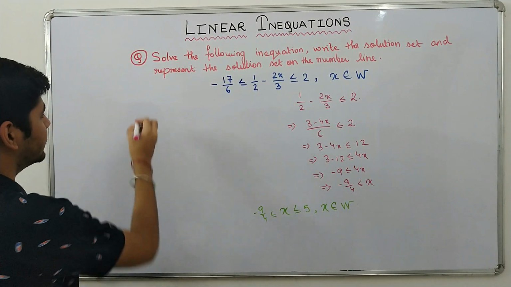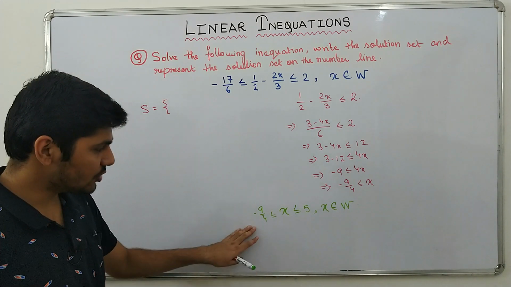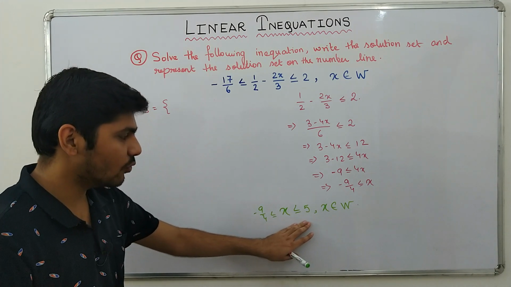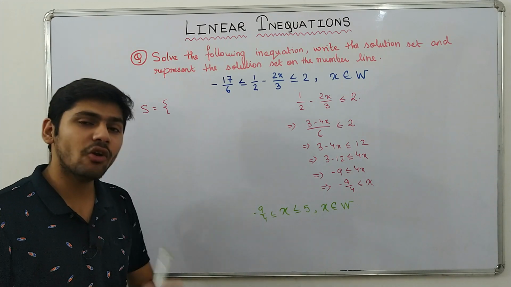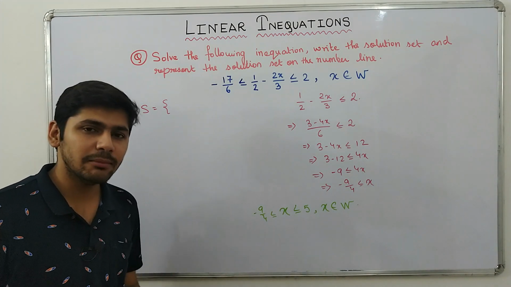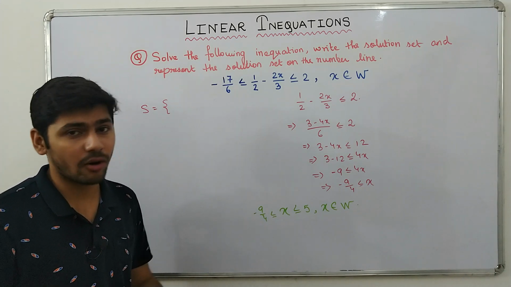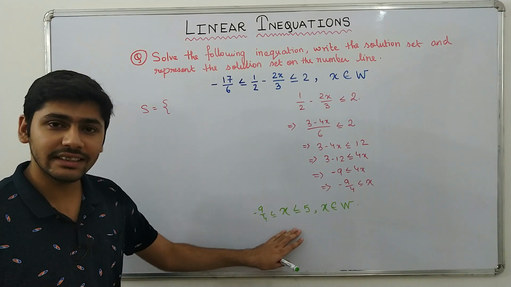So S is equal to, now over here in the solution we have minus 9 by 4 is less than equal to x less than equal to 5, and x belongs to whole numbers. So the value of x cannot be less than 0. The minimum value of x can be 0 because whole numbers start from 0. So over here, what are the whole numbers that satisfy this condition?